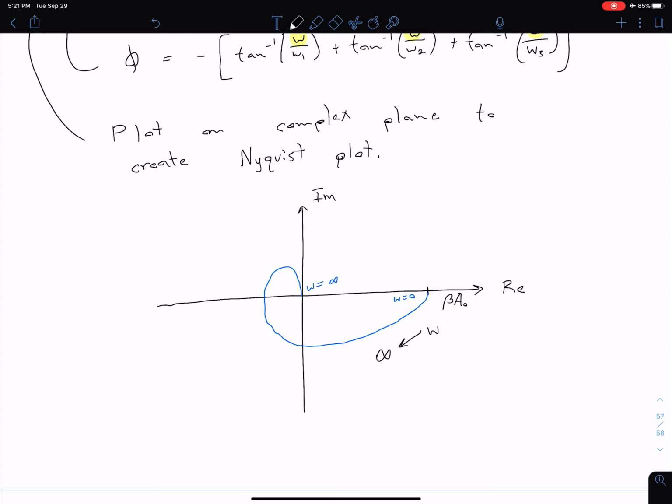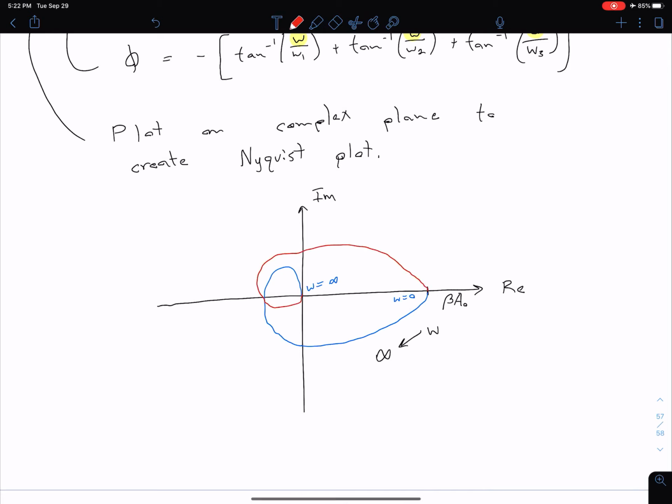So we could also talk about negative frequencies, although they don't have a physical meaning. They're also usually included in our Nyquist plots. And so what we would see is it's actually just the complex conjugate. So let me attempt to draw this well, but basically it's just a mirrored version of this plot that we have.